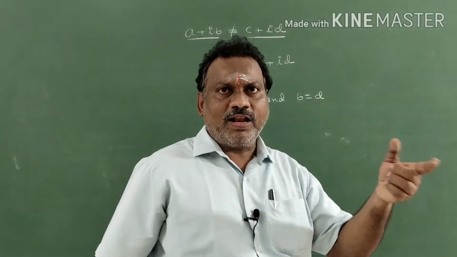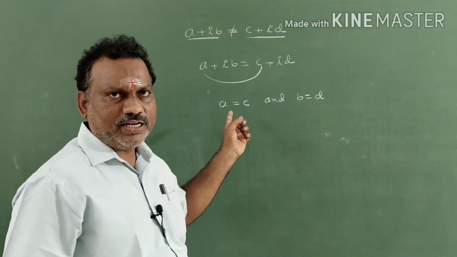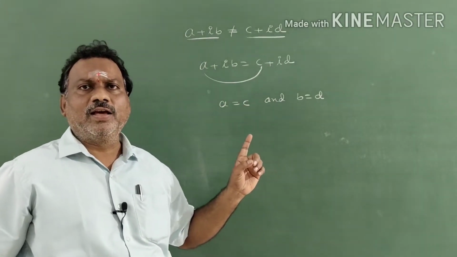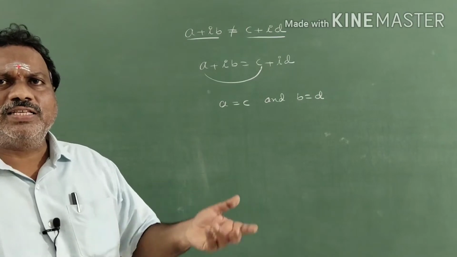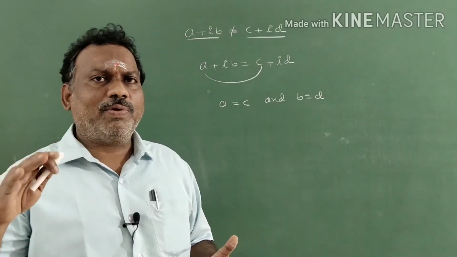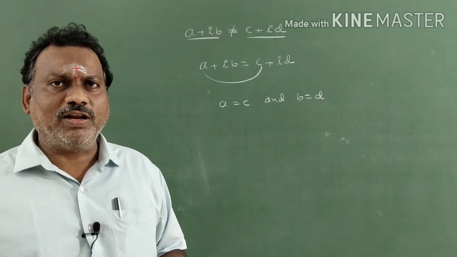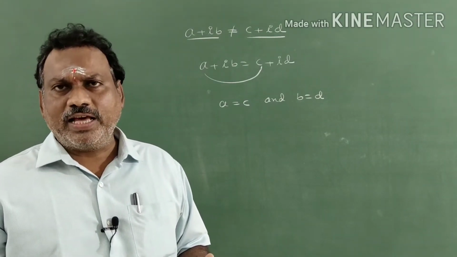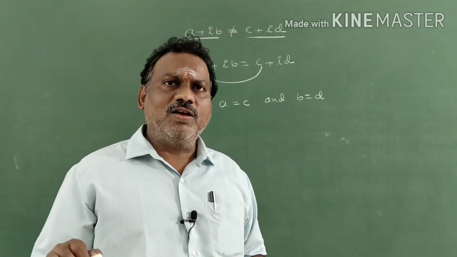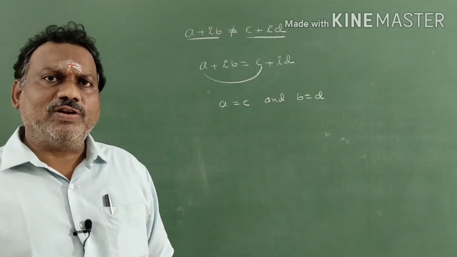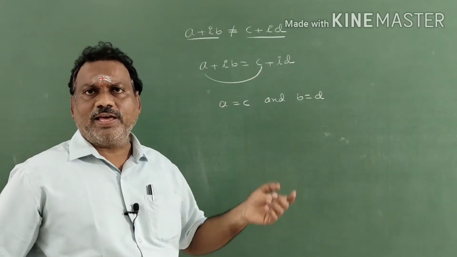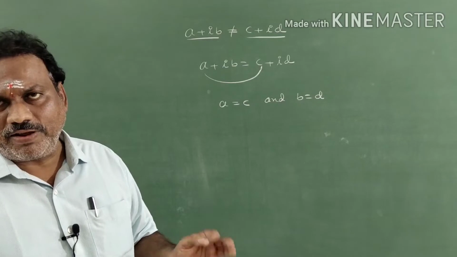If they are equal, they should obey this condition: a is equal to c and b is equal to d. Why do we say all these? You know that in number systems other than complex numbers, you learnt how they are equal, less than, greater than, how to square them, what the square root is, what the modulus is. This is a new number system, complex numbers. That's why we have to learn from the basic level.